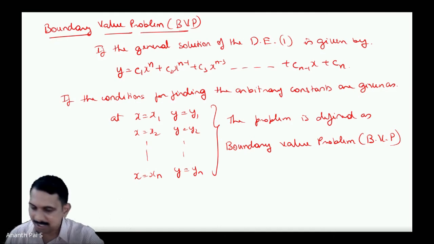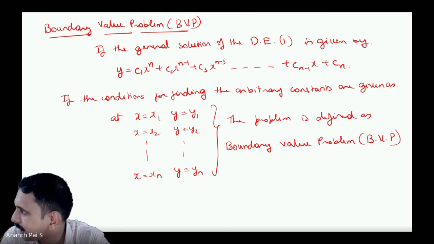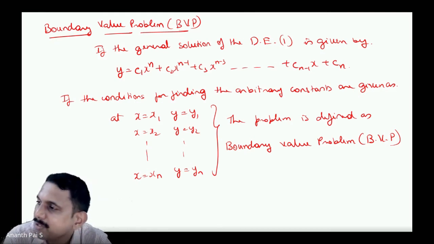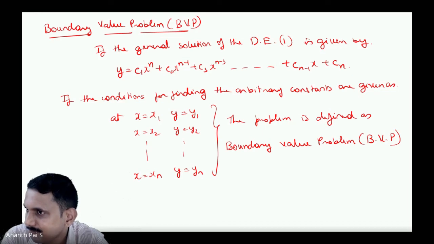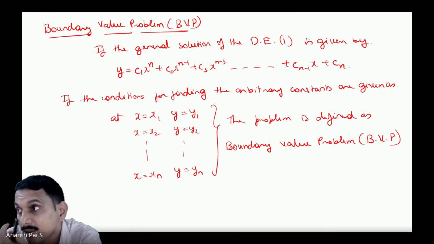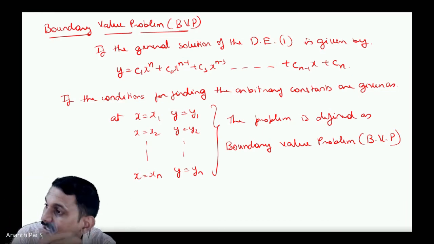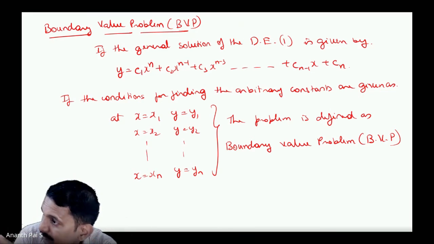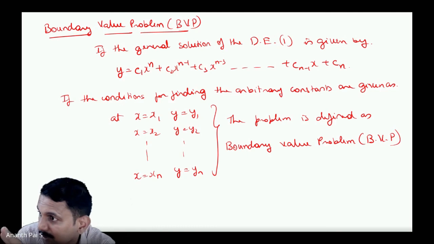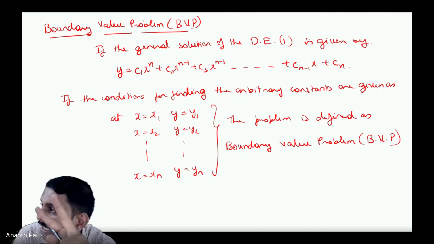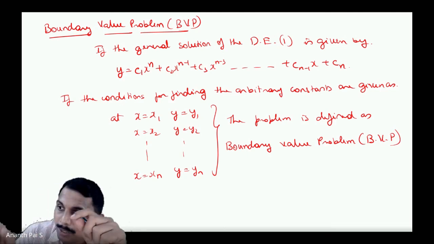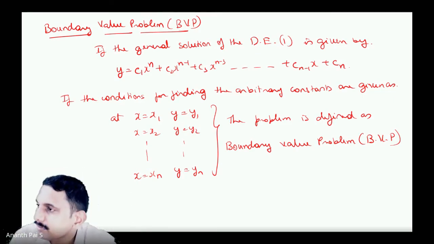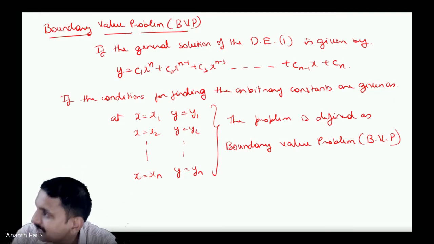Actually, in AutoCAD, if you have practiced AutoCAD, there are various ways by which you can define a circle. One way to define is you put a point and a tangent. It's a second order equation. Your circle is a second order, is it not? So when you put a point and a tangent, you can define it. That is initial value.